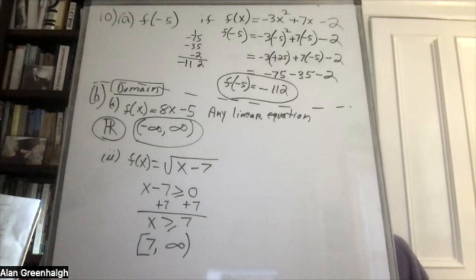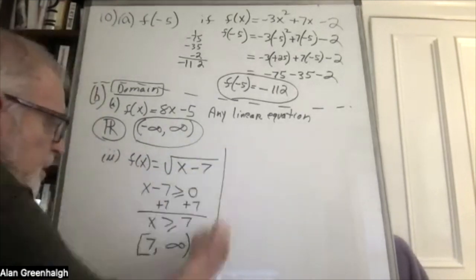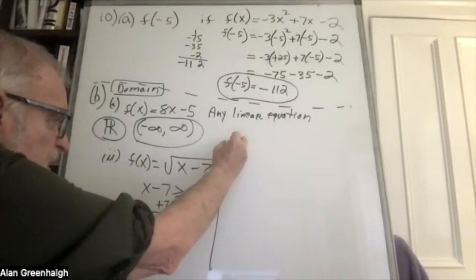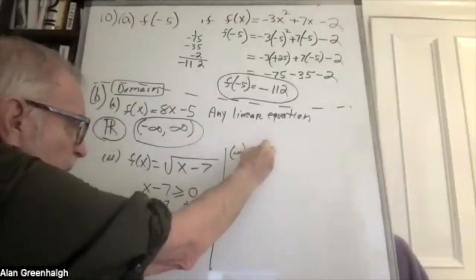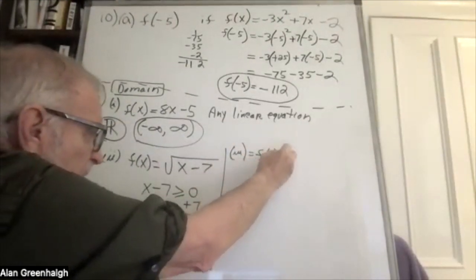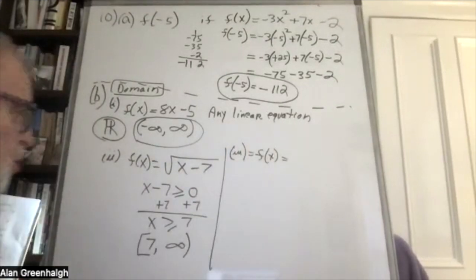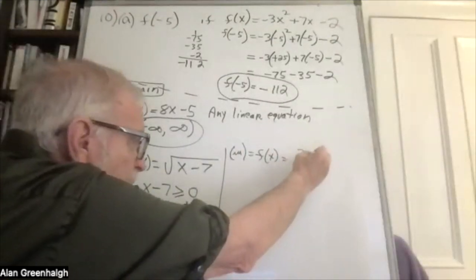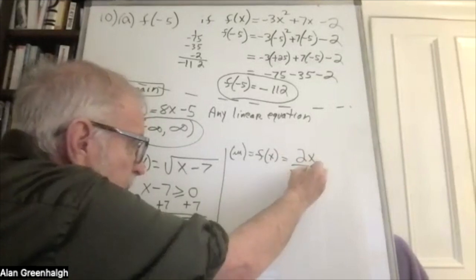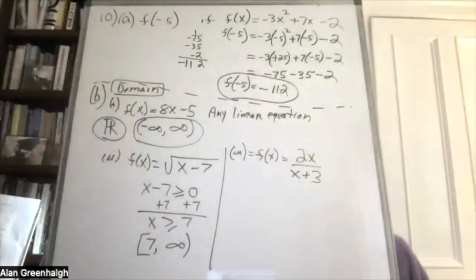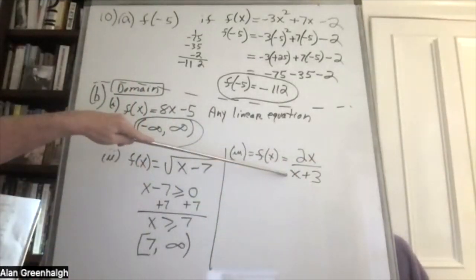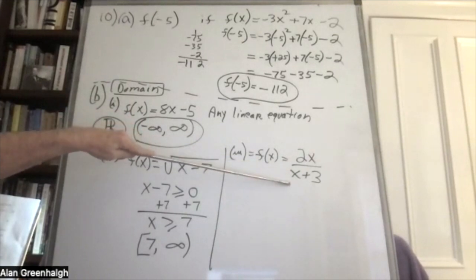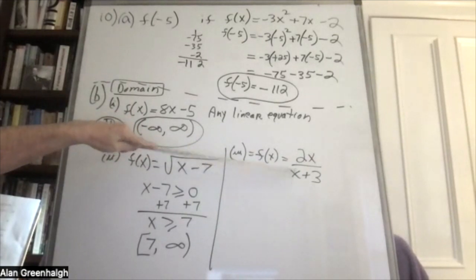All right, so that's that type of problem. The other problem where there's a difficulty occurs when f of x equals 2x over x plus 3. This fraction is not defined when the denominator is 0. You can't have a fraction with a 0 denominator.